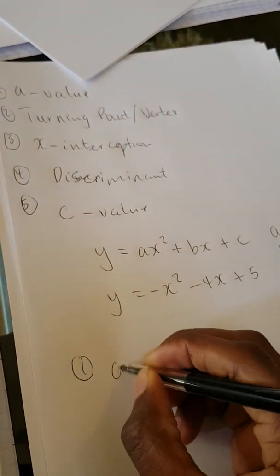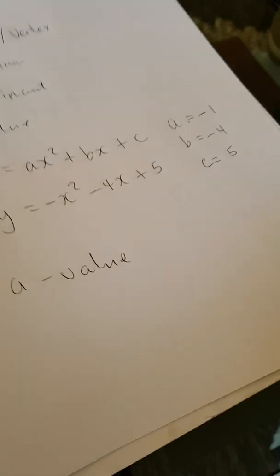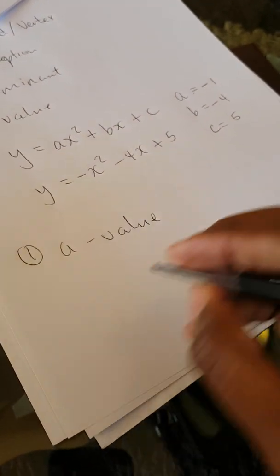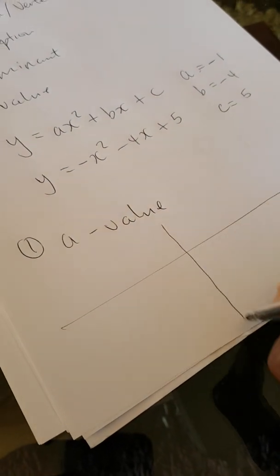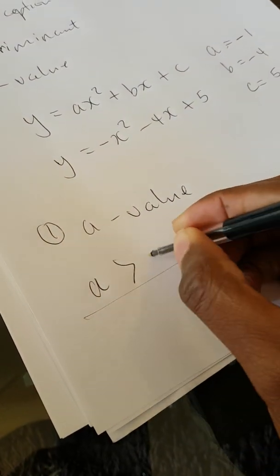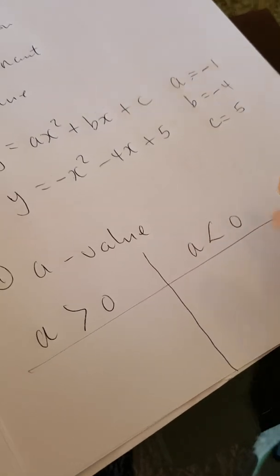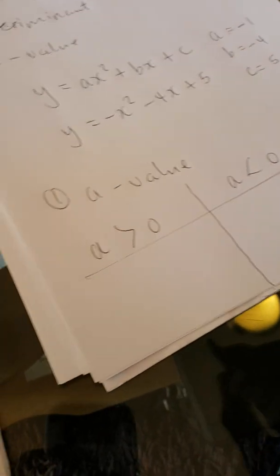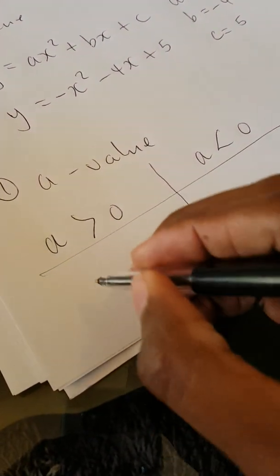A value. About a value, we have two things which we have to look at. We have a situation where a is greater than 0, and a situation where a is less than 0. What kind of graph do we have when a is greater than 0?